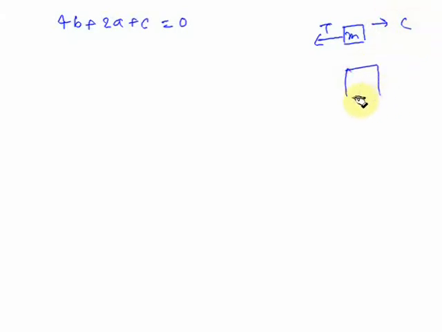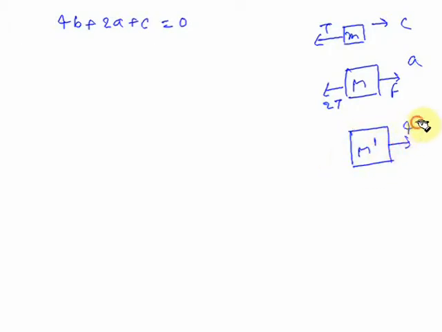Now we have this equation, that is 4b plus 2a plus c is equal to 0. Now if you recall, the force acting on the block of mass small m was T and its acceleration was c, the net force acting on the block of mass capital M was F minus 2T and its acceleration was a, and the net force acting on the block of mass M dash was 4T and its acceleration was b.